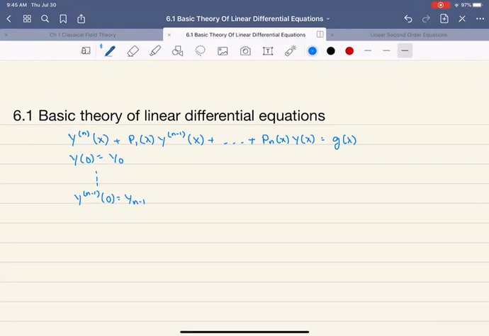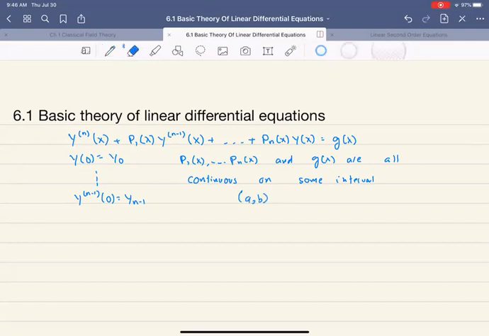Okay, we're going to need some conditions. So we're going to say that p1 of x all the way through pn of x and g of x are all continuous on some interval a, b, and actually I made a mistake here.